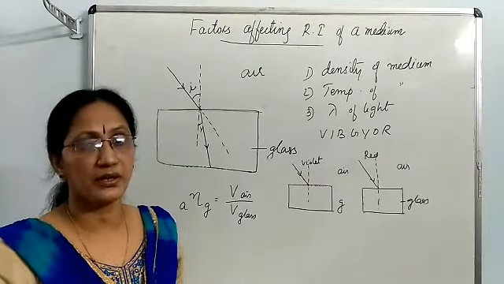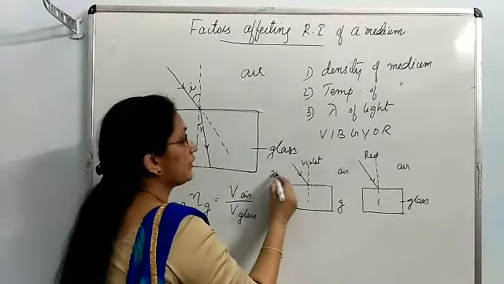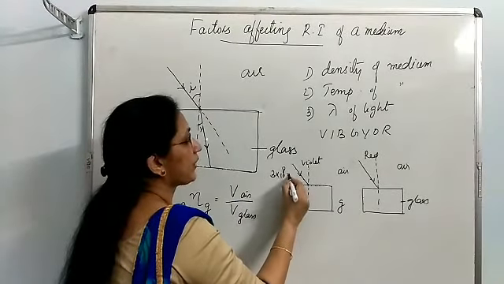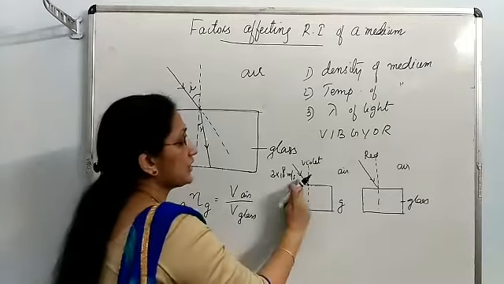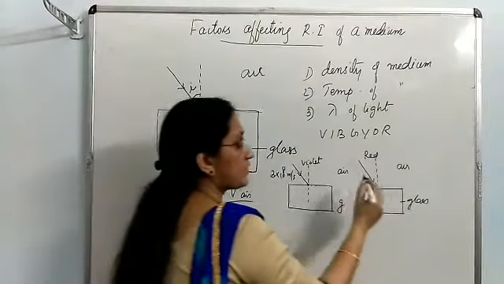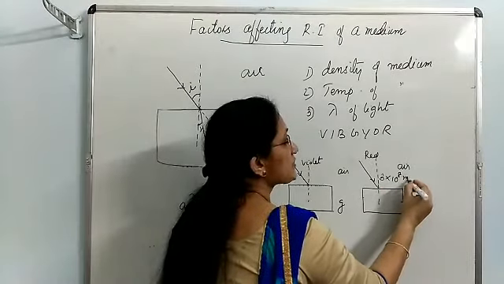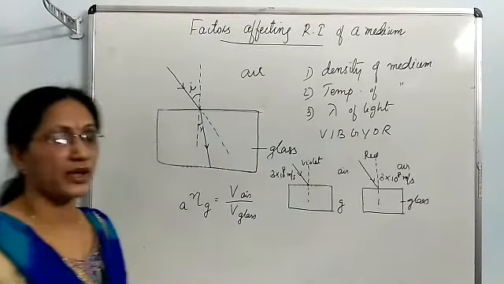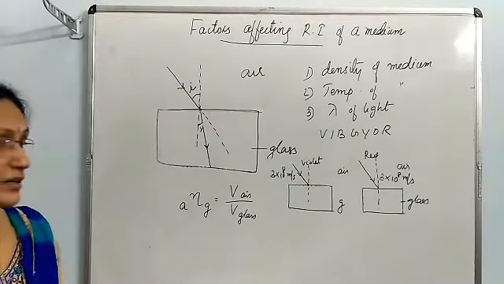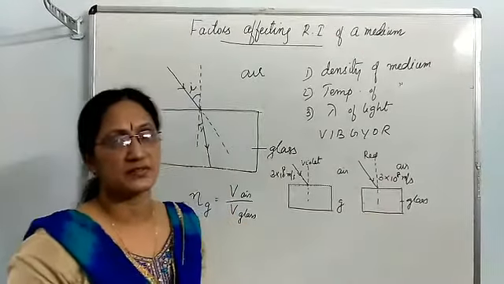Through air, all the colors of VIBGYOR travel with a speed of 3 into 10 to the power 8 meter per second. So here in air, violet light travels with 3 into 10 to the power 8 meter per second. Red light also travels with the same speed of 3 into 10 to the power 8 meter per second. But when they enter into glass, speed varies.